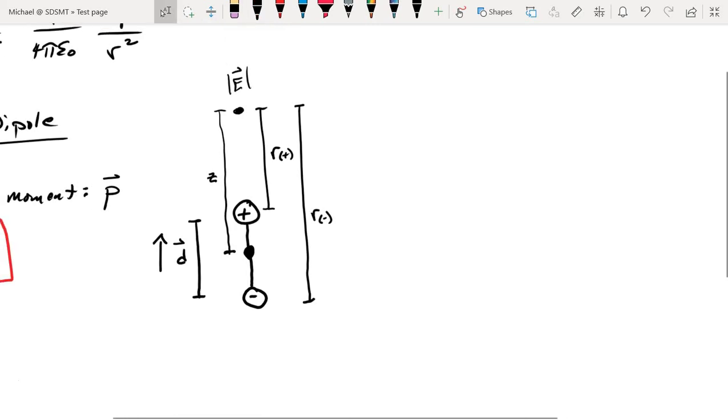All right, so here we go. We need to find the magnitude of electric field up at this point, and we're going to start with what we know. We need to find the net contribution of the electric fields that are being produced by the positive charge and the negative charge.